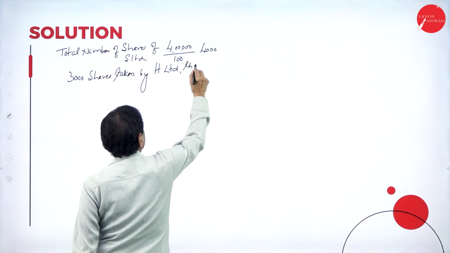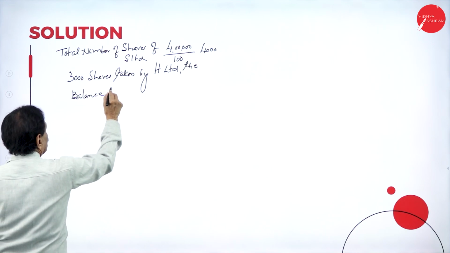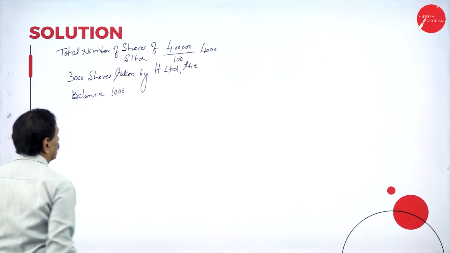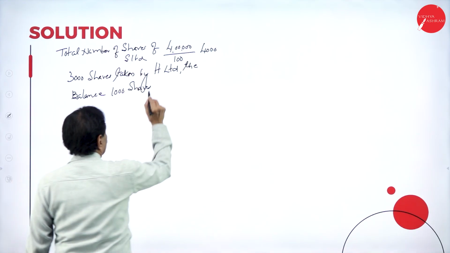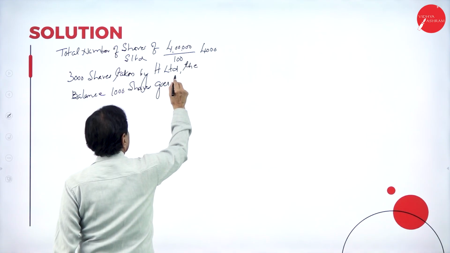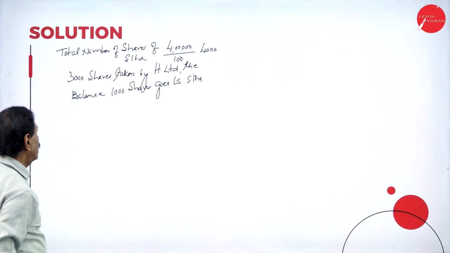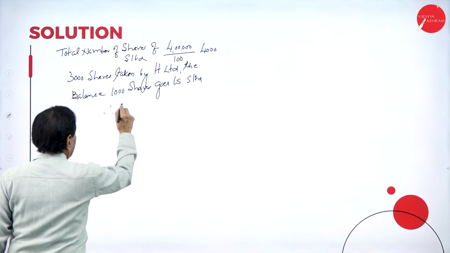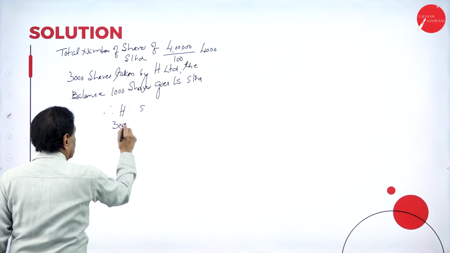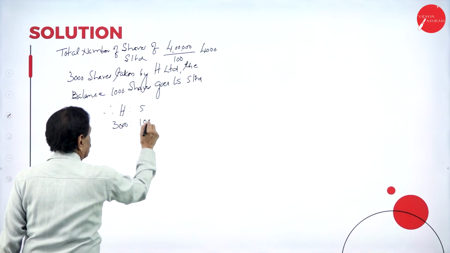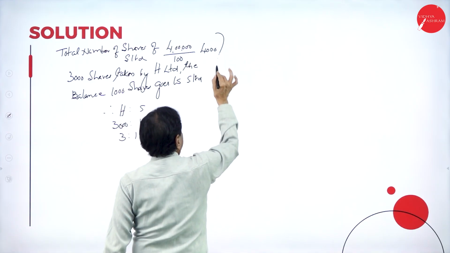The balance 1,000 shares goes to S Limited. Therefore, H is to S, 3,000 is to 1,000. They are in the ratio of 3:1. This is the first step.